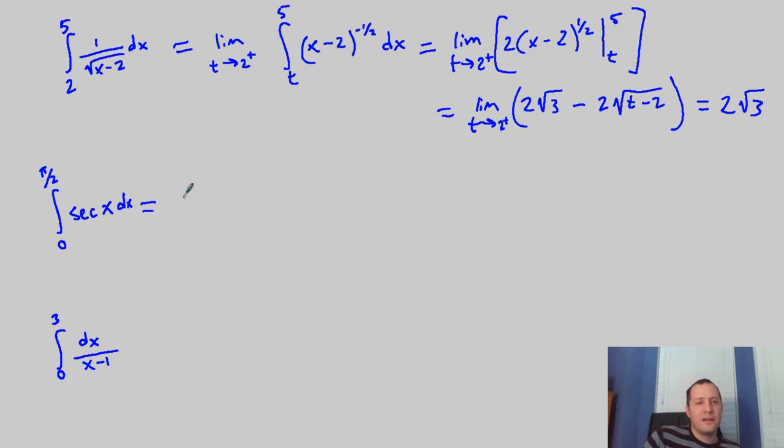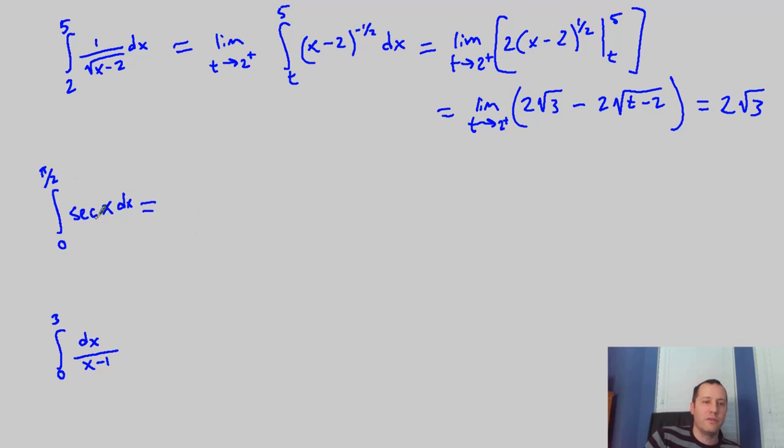So again, we're going to have a limit here, right? The issue is when you look at the secant function, secant of x, secant of course is 1 over the cosine of x, and the cosine of 0 is 1, that's fine. But the cosine of pi over 2 is 0. And so 1 over 0, right? This is where the issue is.